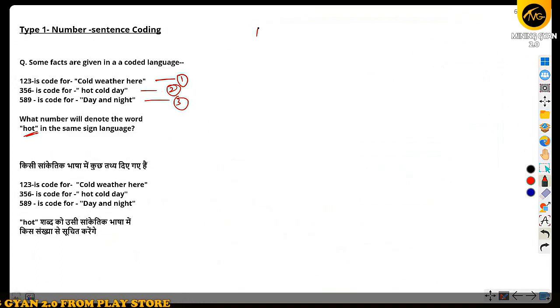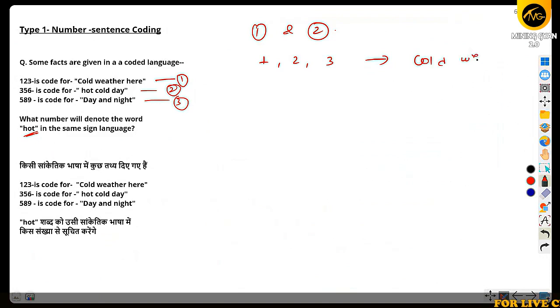Now by using equation number 1 and equation number 2, you can compare both sides of the sign language. 1, 2 and 3 are the code for cold weather here, and equation number 2 is 3, 5 and 6, and the sentence is hot cold day.